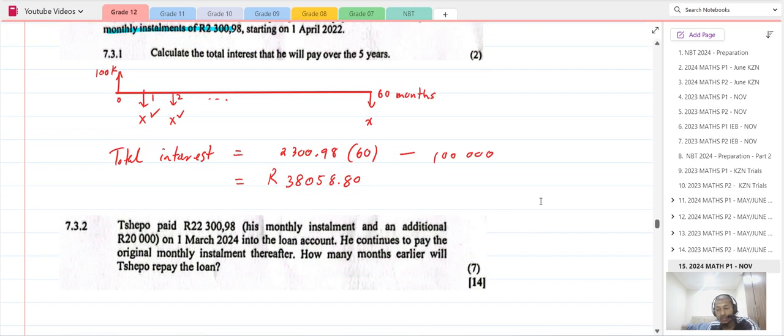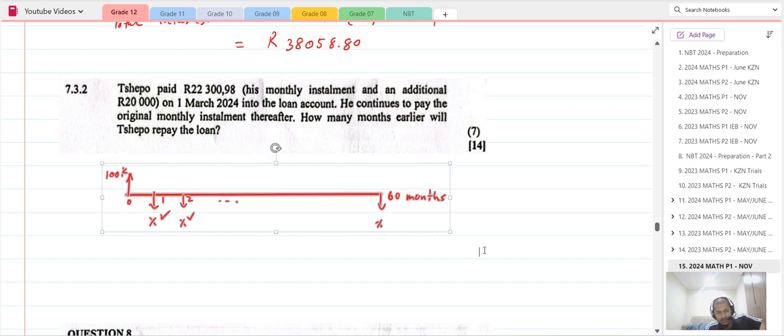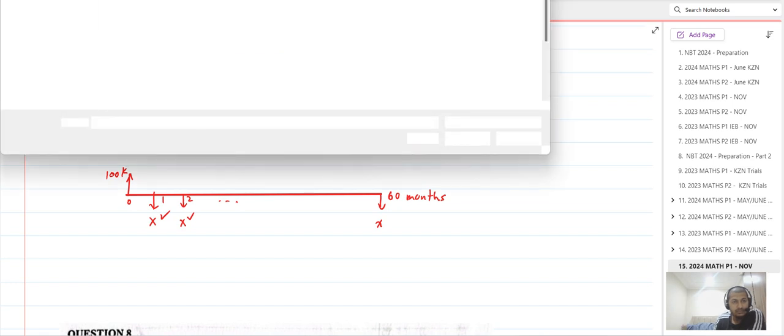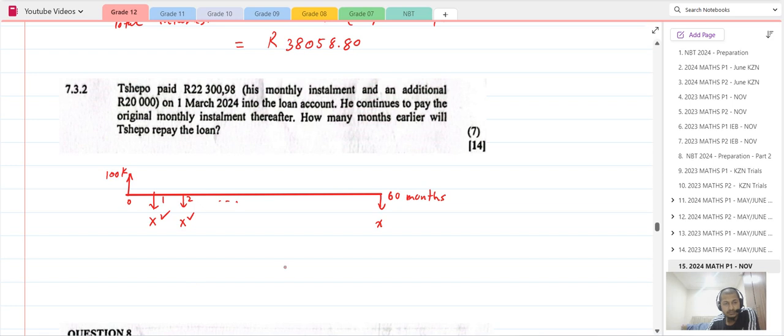Okay, let's try to make sense of this problem here. Alright, so we have 60 months in total. So obviously they're going to drop his installment if he's paying 20,000 additional on 1st March.